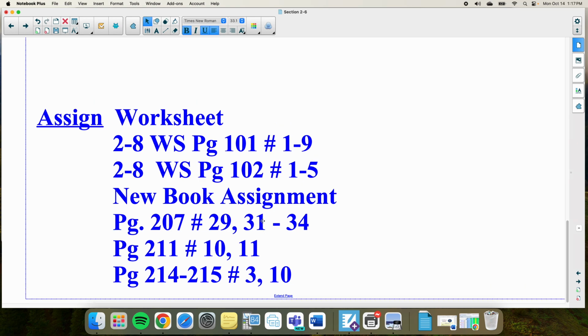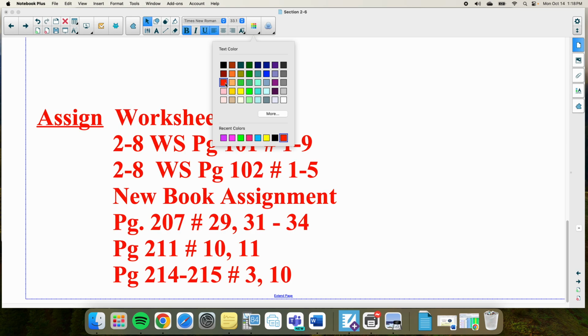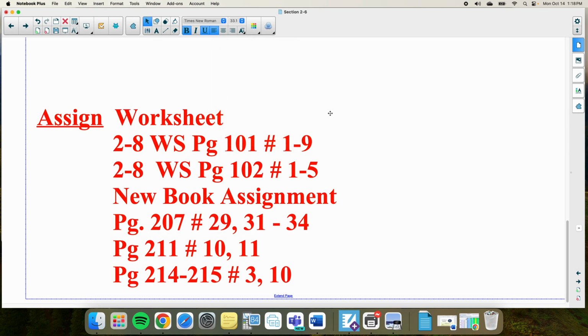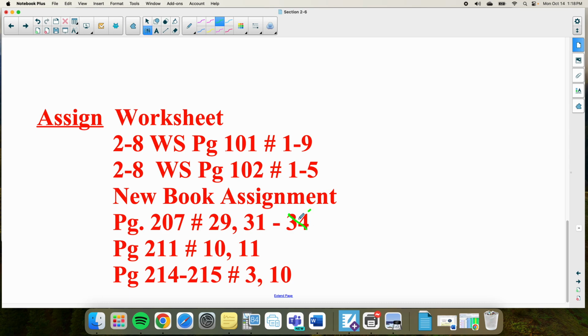There's a couple proofs in here that are kind of tough. In fact, I probably should not make you guys do 34. Let's change this to 33. 34 is a hard proof. So we're just going to get rid of that one.